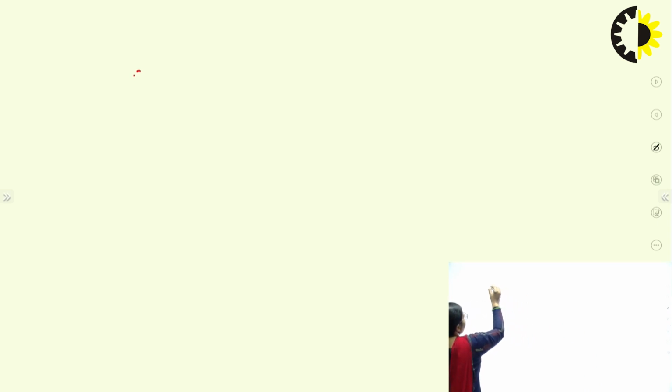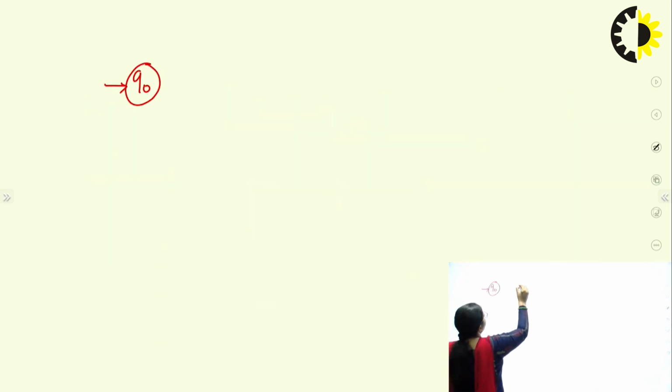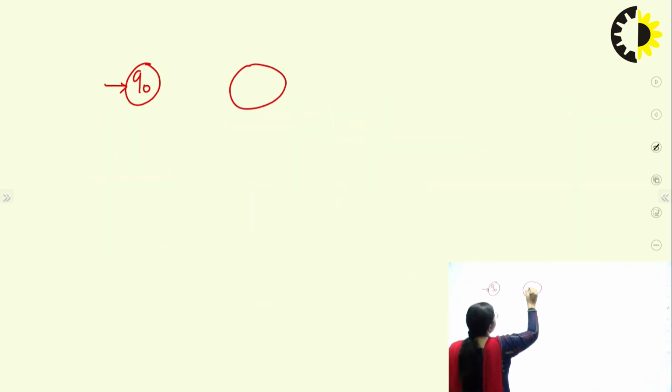So for the minimized DFA, what were the states that we have? Q0, that is our initial state. Another state is Q1, comma, Q2.